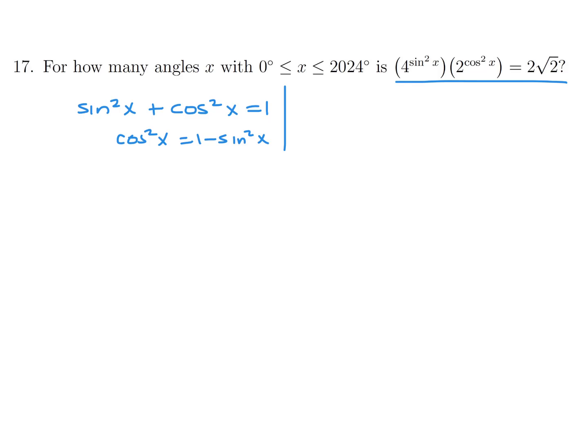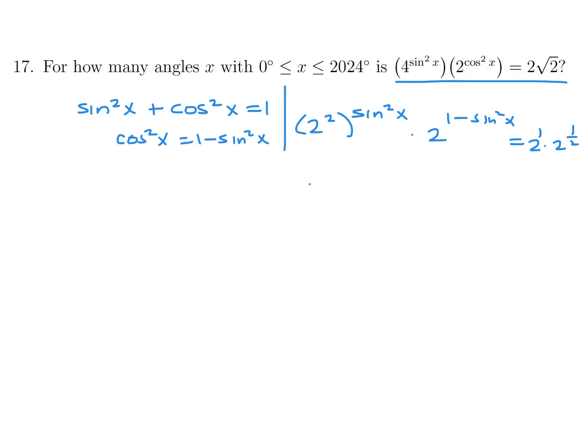Well, the first thing, I think I can just move that 2 to the power of 2, and let's just keep that as sine squared x for now. This is 2, so I'm going to substitute that 1 minus sine squared x. 2 to the power of 1, 2 to the power of a half. Get everything in powers of 2 and see if that helps.